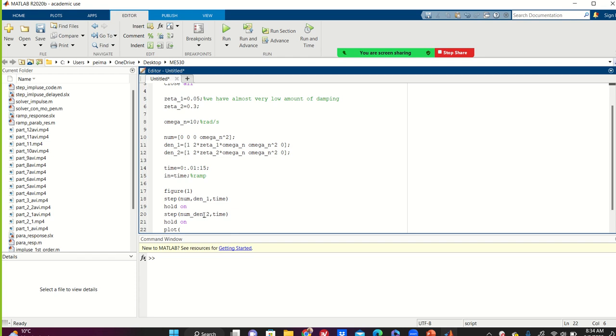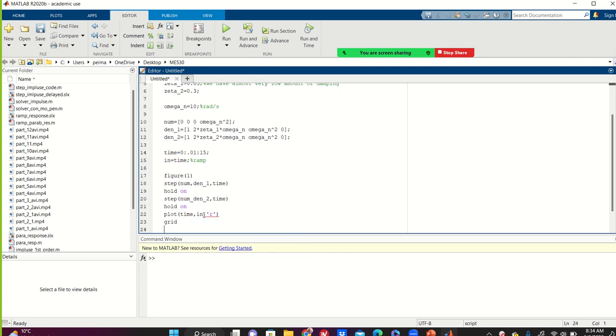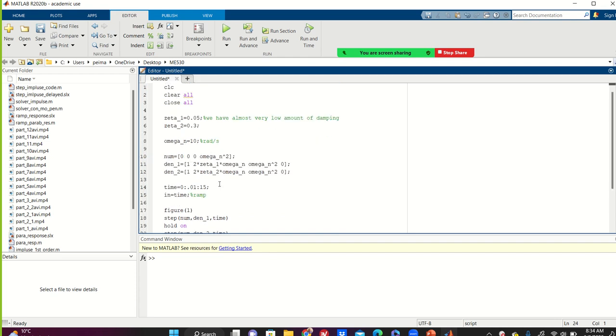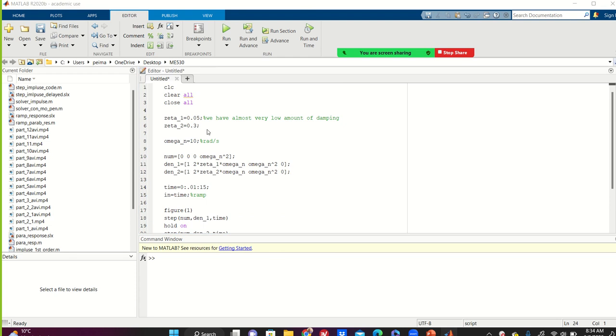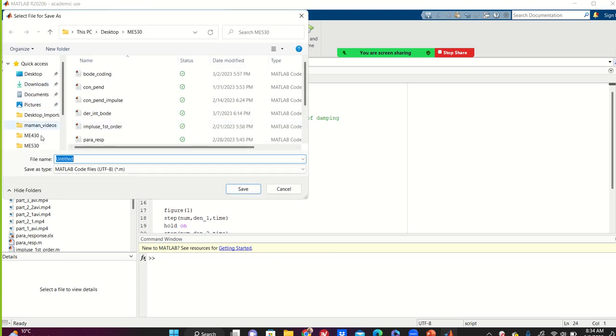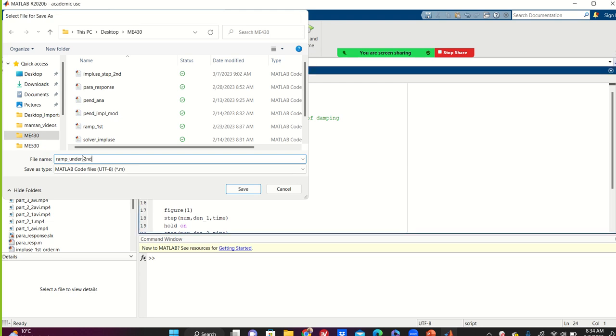Plot time in red, grid. There we go. Okay, so I'm going to save it as ramp underdamped second order system.